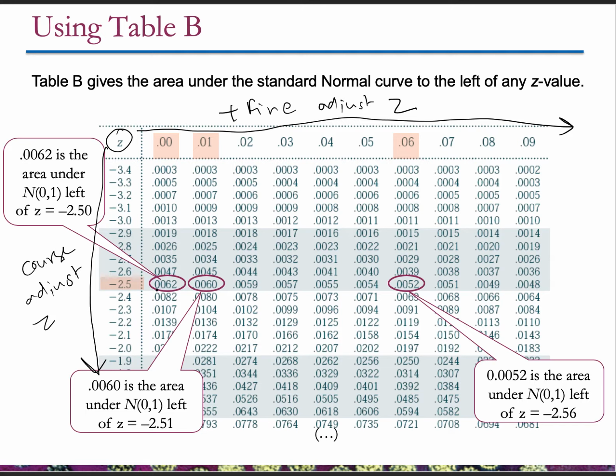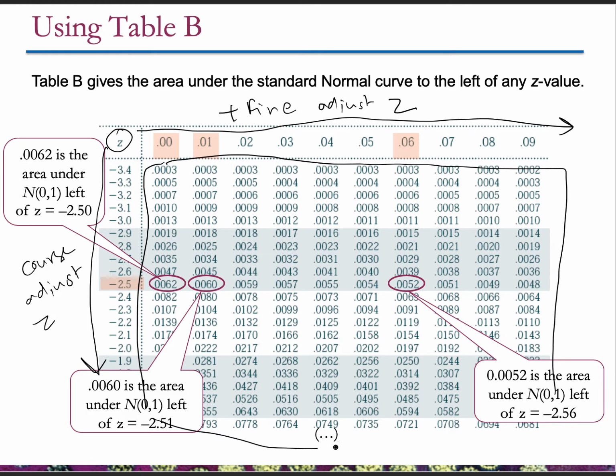Now let's look at everything inside this table, apart from the first row and first column, which is the Z-score. All these numbers with a decimal point and four decimal digits are nothing but the area of interest under the curve, or the probability of a particular event, or the proportion of the population. These all represent the same thing.